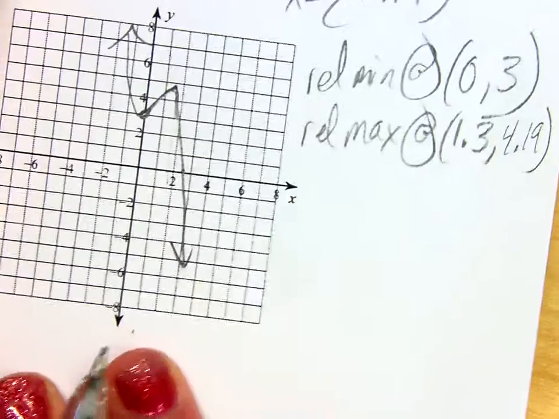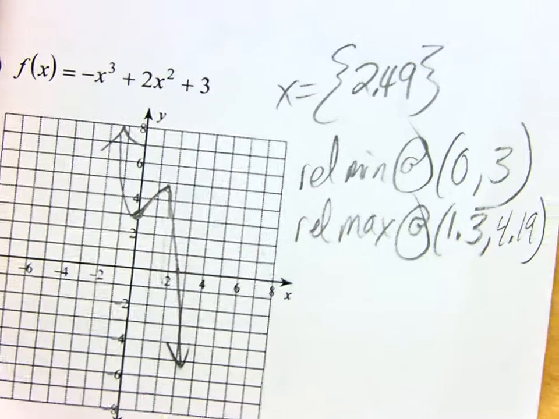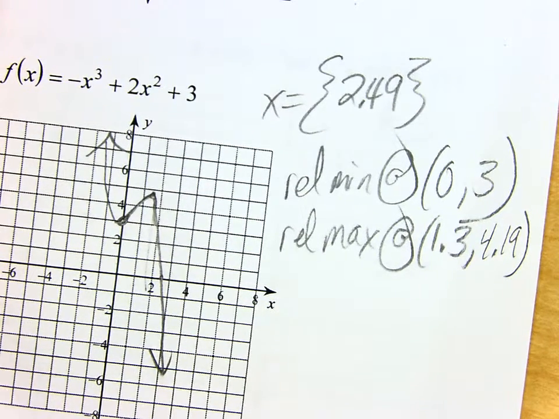So now, here's my answers for 6. Did you get what I got? Or very close? So there's only one x-intercept. It's at 2.49. There's one relative min at 0.3 and one relative max 1.3 comma 4.19.